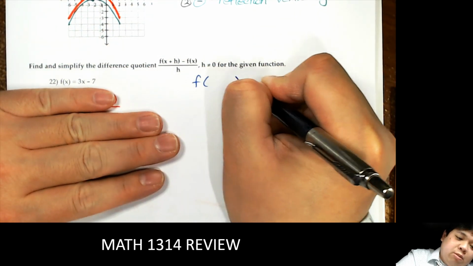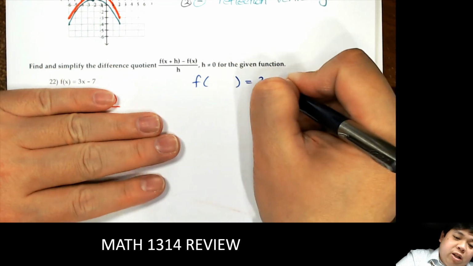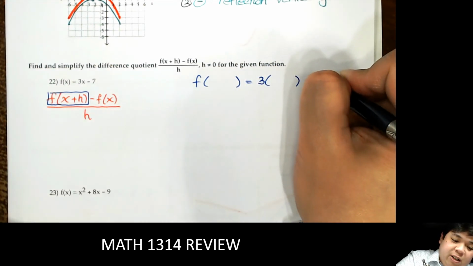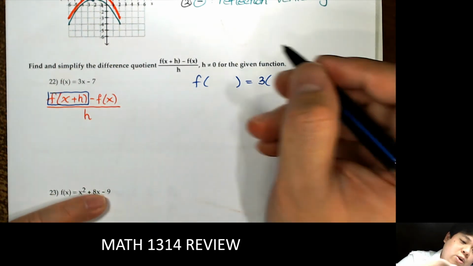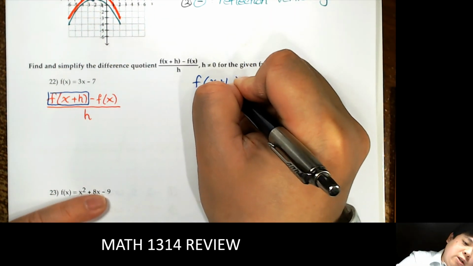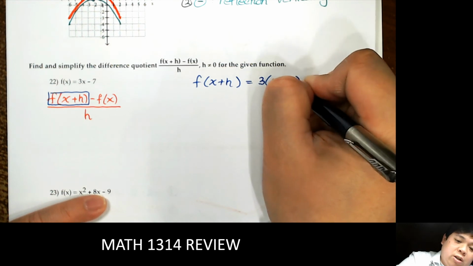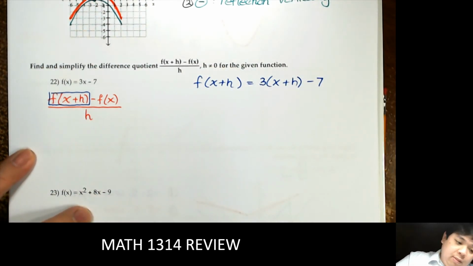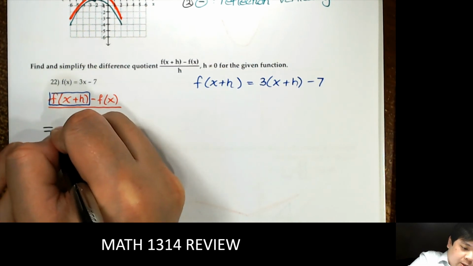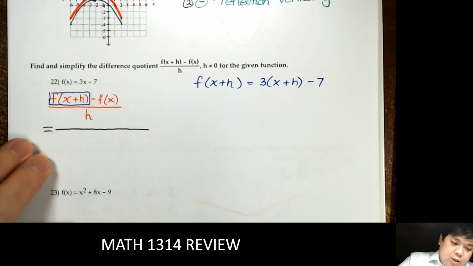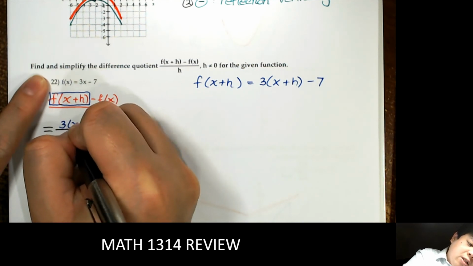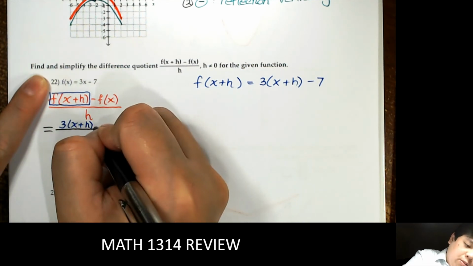The function of something is 3 times whatever that is minus 7. So now if we have x plus h, we're going to have x plus h. So that will give us 3 times x plus h minus 7.